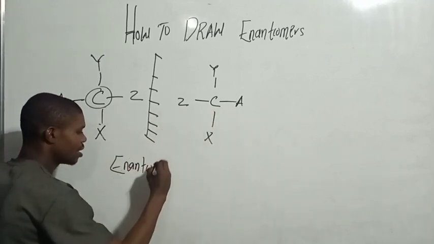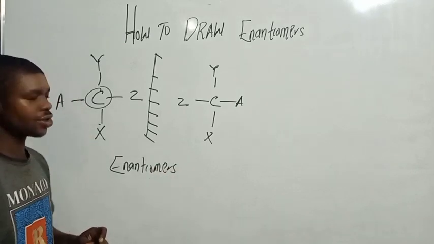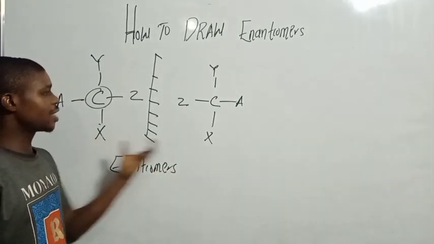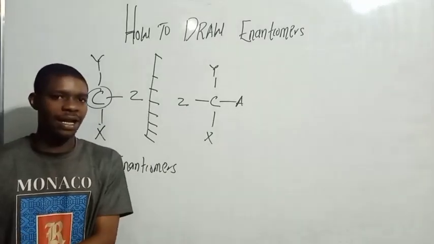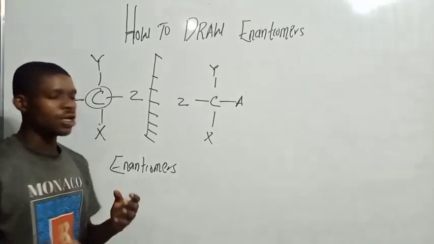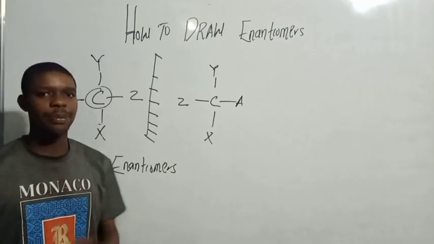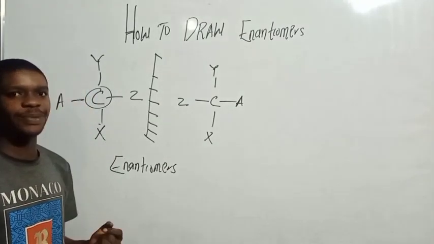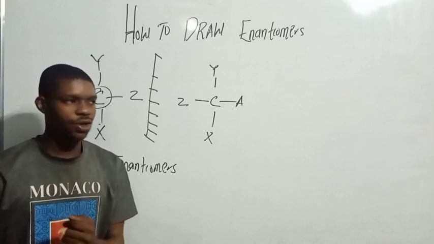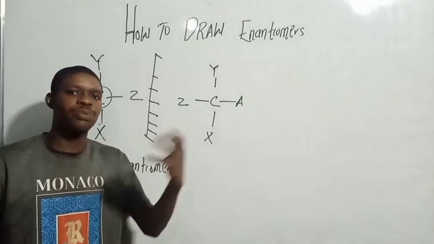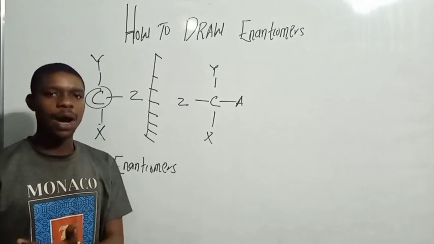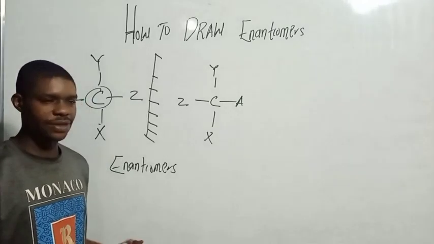These two rotate the plane of plane polarized light. They both have the same physical and chemical properties, but they exhibit different rotation. One will rotate the plane polarized light to the right, and one will rotate it to the left.